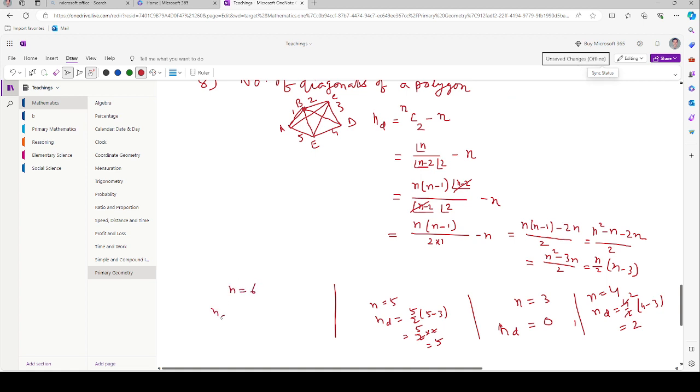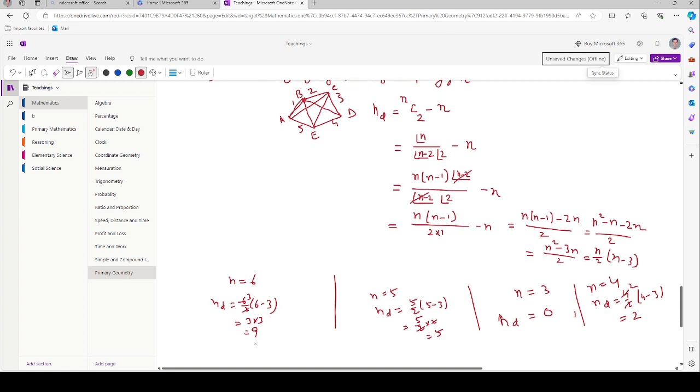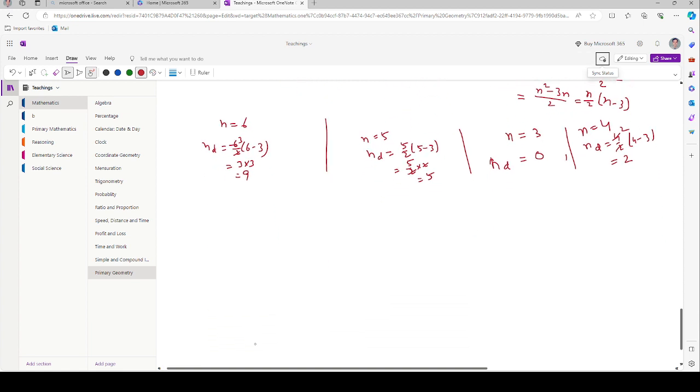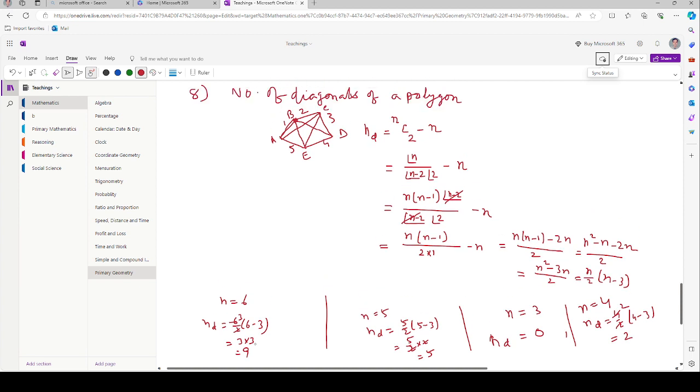So number of diagonals equals 6 by 2 into (6 minus 3), that is 3 into 3 equals 9. I hope you understand the procedure to find out the number of diagonals.